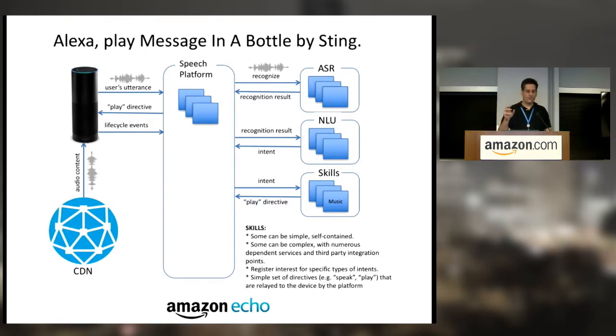So before the song ends, it will send a playback nearly finished event to the speech platform. The speech platform will call the play music skill. Play music skill will say, okay, so the track 1 is about to end. Let's play track 2. It will send a new play intent to the Echo device.